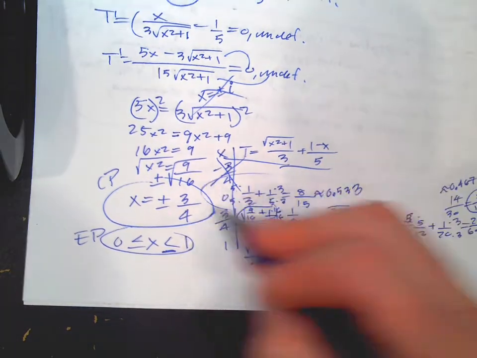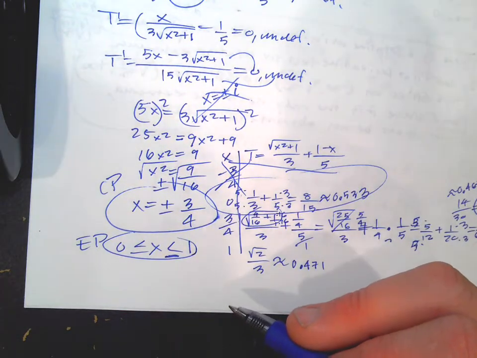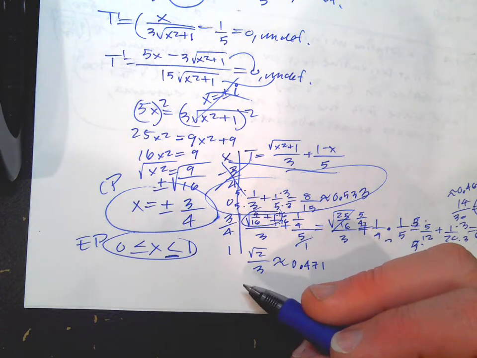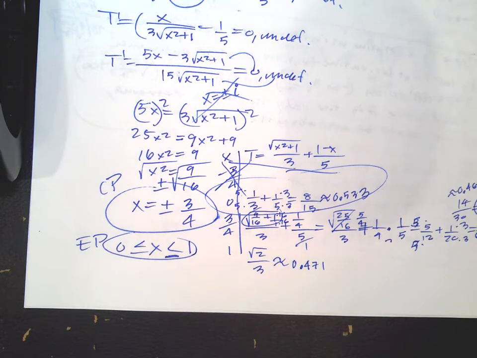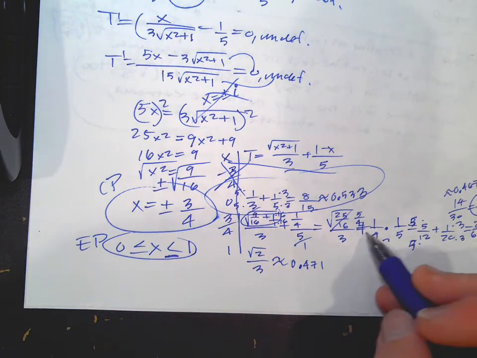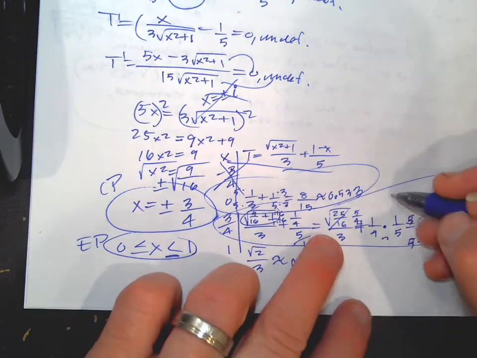So your max happened at an endpoint, or least time. So that's the max. And the min is right here. This is the min.